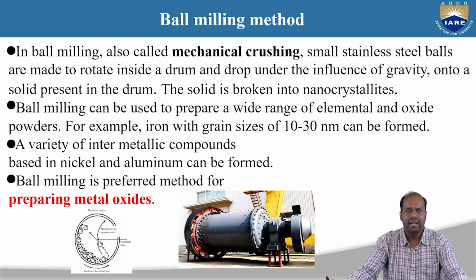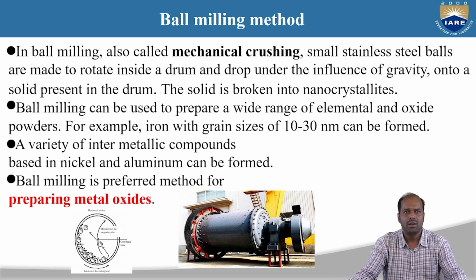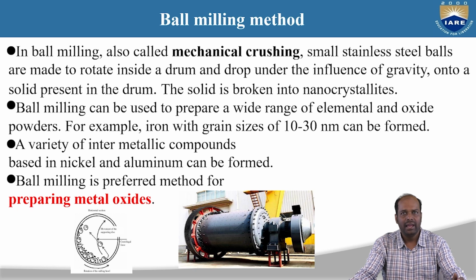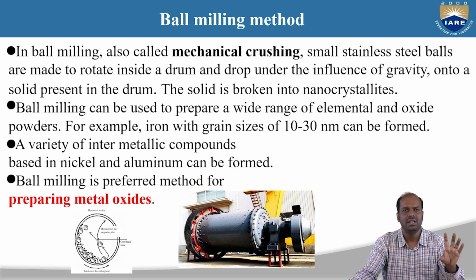A variety of intermetallic compounds based on nickel and aluminum can also be formed by the ball milling method. It is the preferred method for preparing all kinds of metal oxides. Ball milling is the more efficient technique.